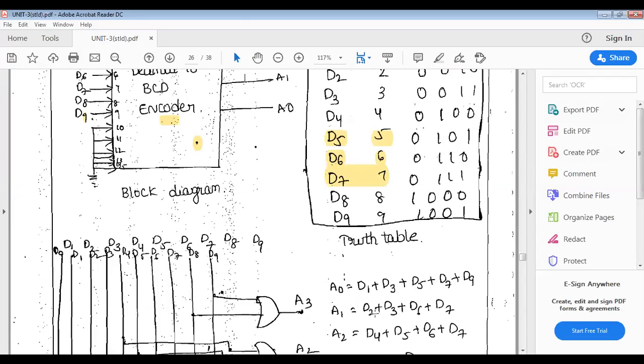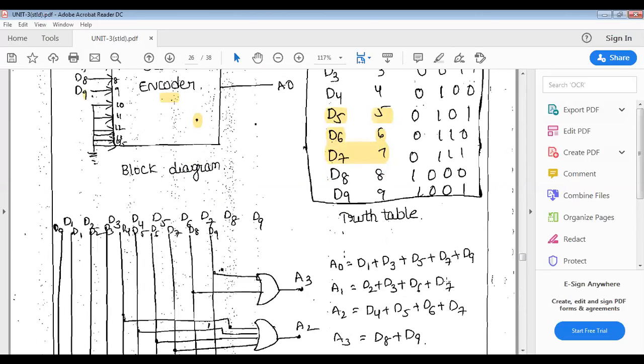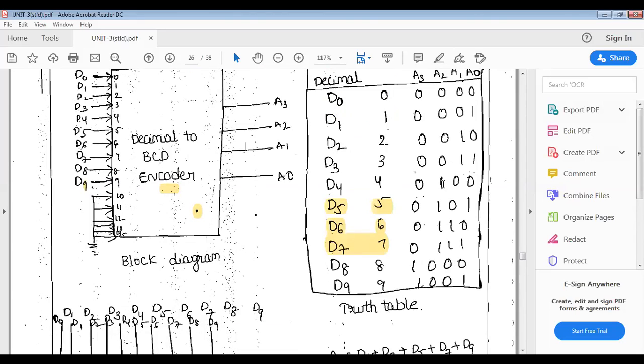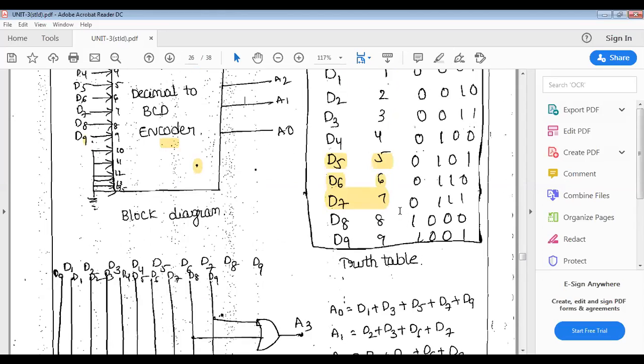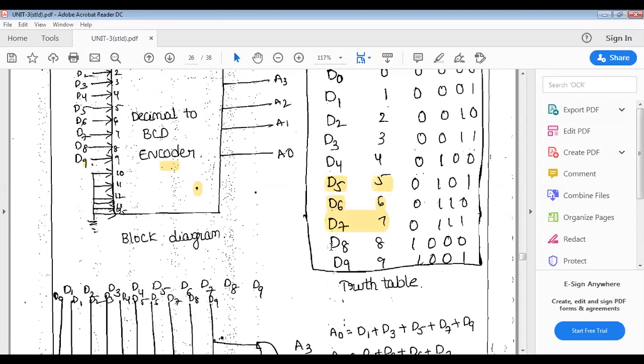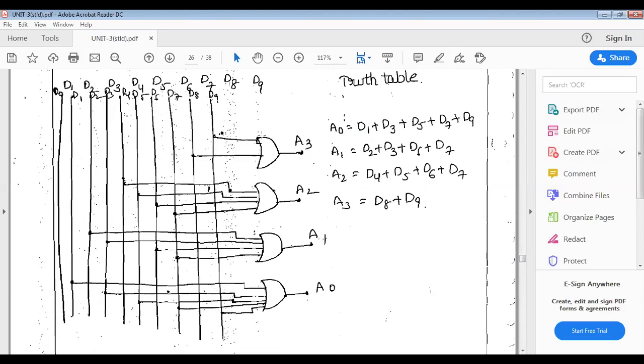And A1, you can see D2, D3, D6 and D7. A2 is D4, D5, D6 and D7. And A3, you can see the value is D8 and D9. So A3 is having only 2 inputs.